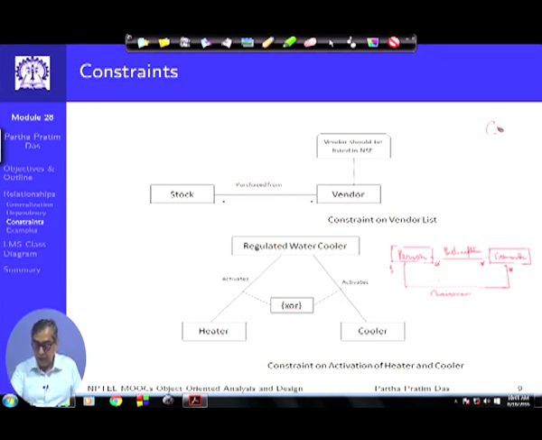if I have persons P 1, P 2, P 3, and I have 2 committees C 1 and C 2. Let us say that the participation is like this. He participates here and they participate here. Now, can I have P 1 as chairman of C 2?